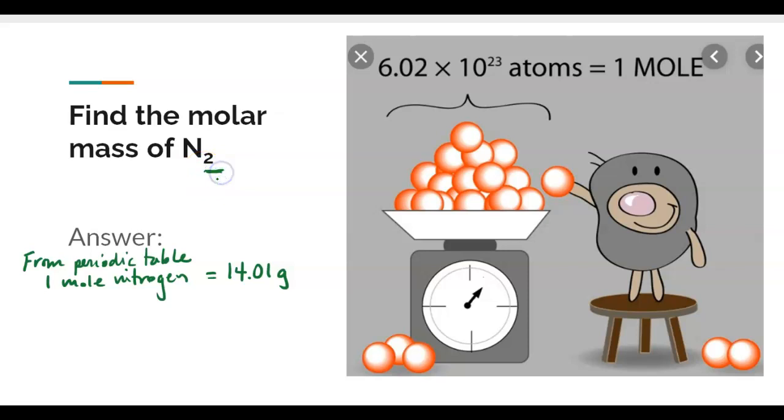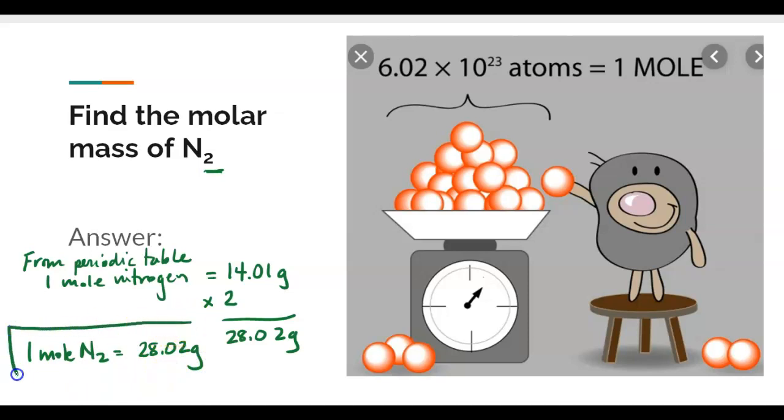Now this number 2 tells me that I have 2 moles. So in that case, I don't just have 1, I have 2. So I can times this number by 2 to get 28.02 grams. That means that 1 mole of N2 equals 28.02 grams. There's our molar mass for N2.